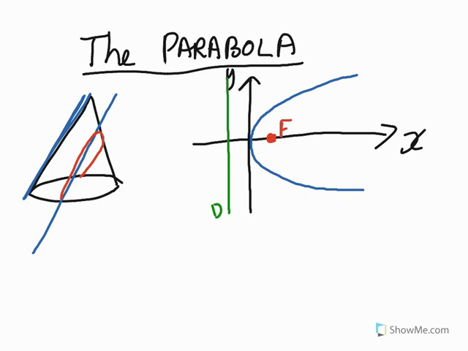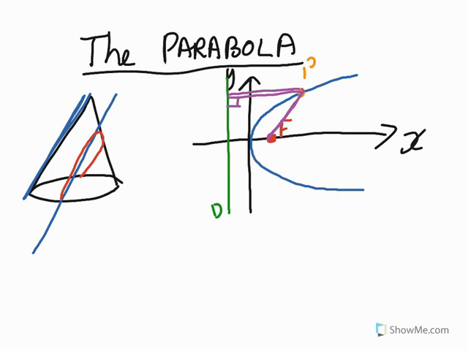And again, when we're looking at a point P, the distance from that point to the focus and the distance from there to the directrix, those two lengths are in fact equal for a parabola.